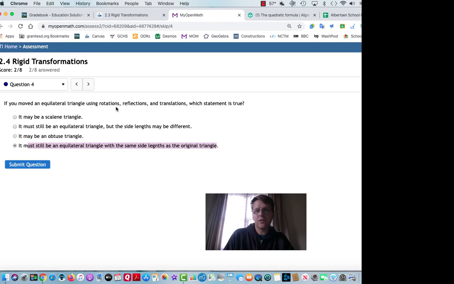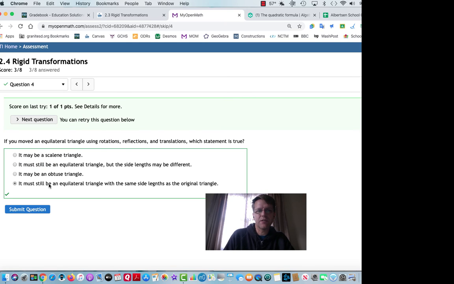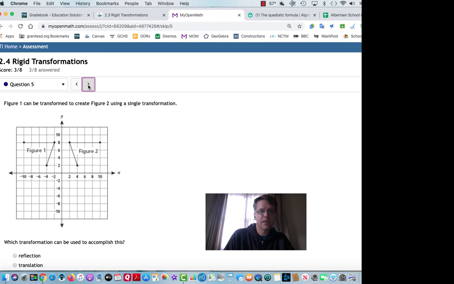In other words, you turned it, you flipped it, you slid it around, but it's still the exact same triangle. It's just been moved around a little bit. So it didn't change the size or shape. So it's still the exact same equilateral triangle with the same side lengths.